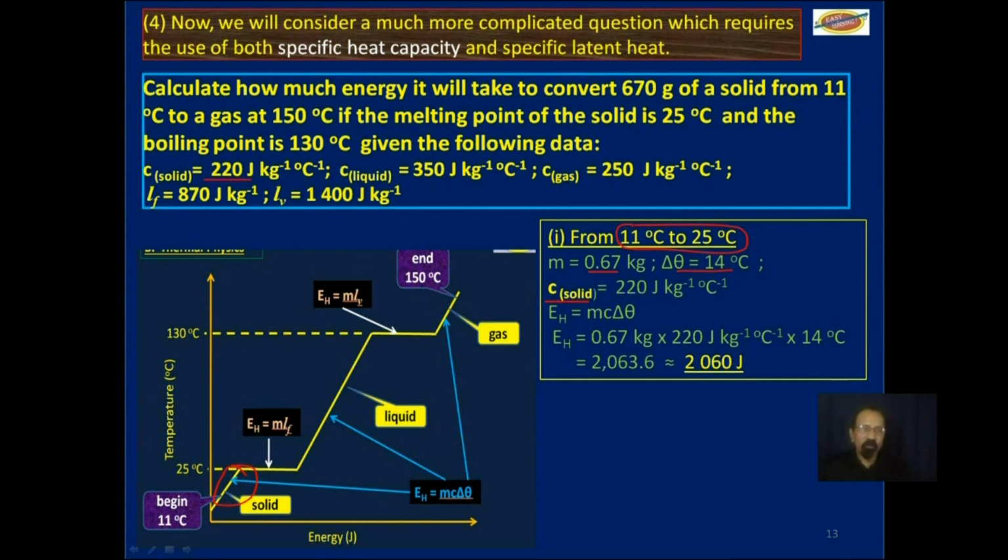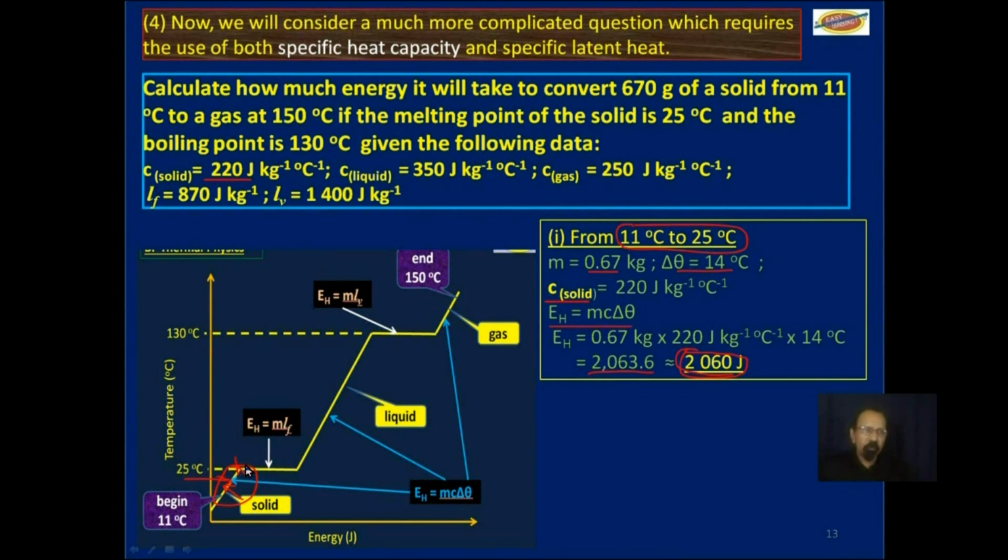So when we put all of that in the formula, EH = mcΔθ, we get 2063.6, and we round that off to 2060 joules. That is the amount of heat energy it will take to heat up the solid at this point here, the first part where we begin.